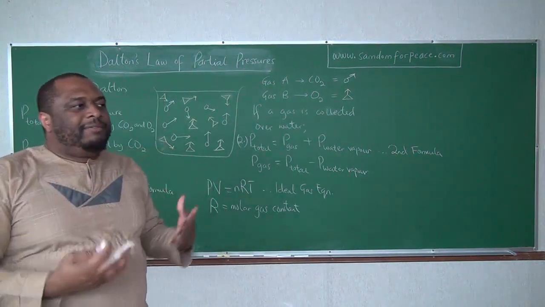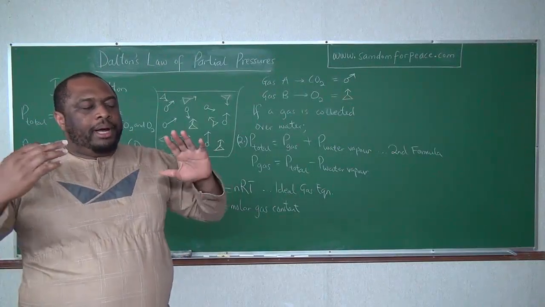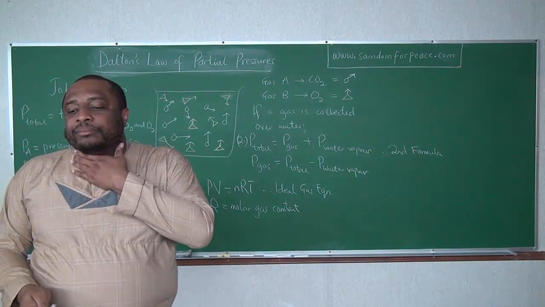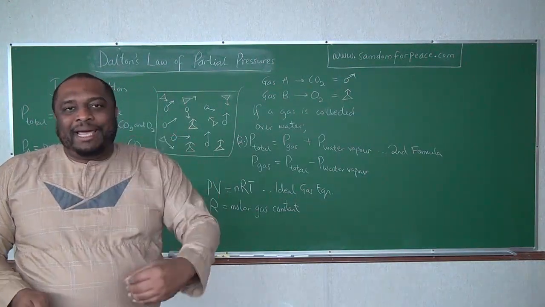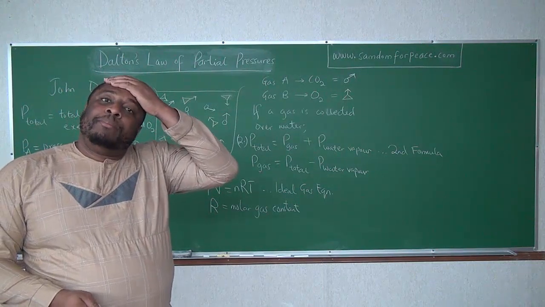But whatever value, in AP chemistry, they give you several values of the molar gas constant. You need to be careful which value to use. You have to be consistent.